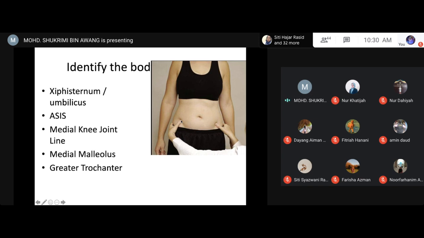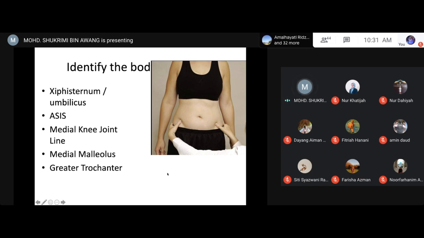The most important thing is we want a consistent level. If you don't mark properly, one may be at the bony prominence, one not at the bony prominence, and later on it will affect your finding. So it must be consistent. You start from the symphysis, go obliquely until you feel your first bony prominence and make a mark. You must ask permission from the patient to mark the ASIS. Okay, on the normal side or on the affected side.